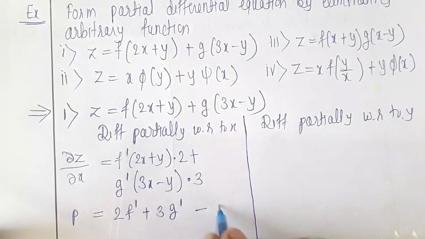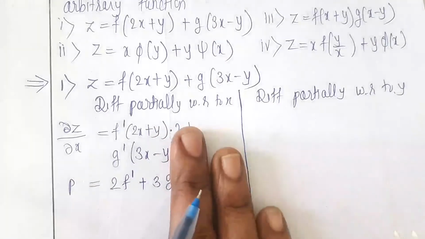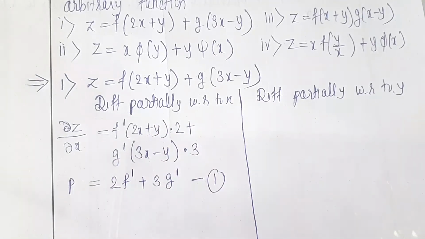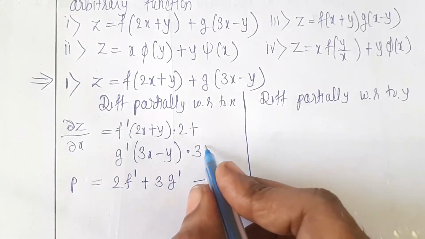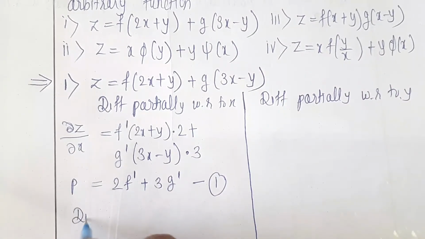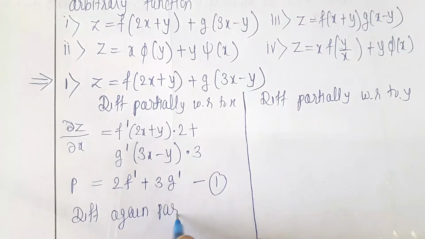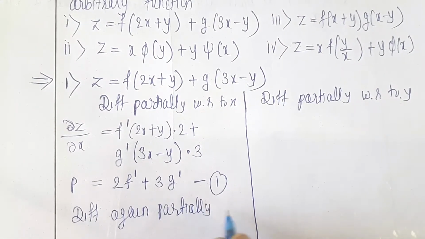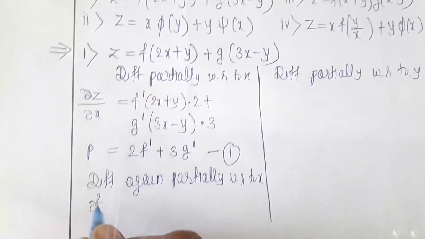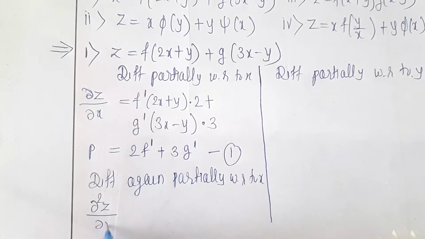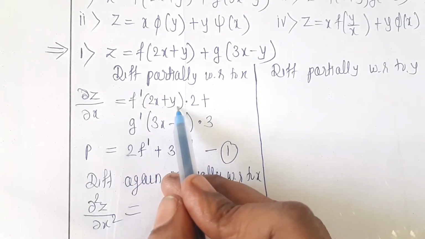So this is p. Now whenever there are two arbitrary functions, always differentiate twice so that we can think about how to find the answer. So if I differentiate this equation 1 again partially with respect to x, we get del 2z by del x square, which is equal to, what is the derivative of f dash of 2x plus y with respect to x?